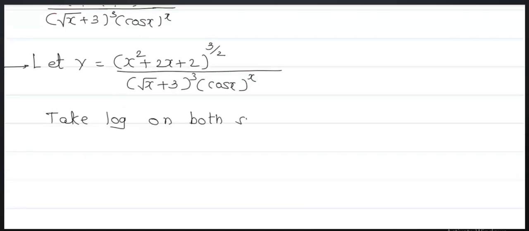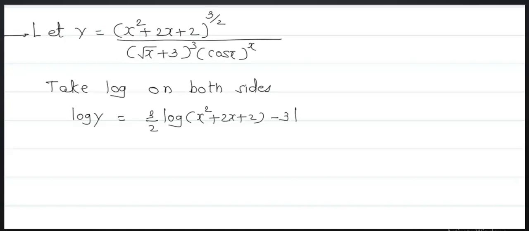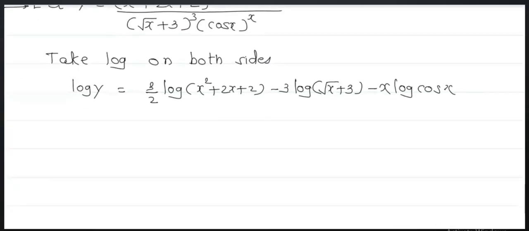Take log on both sides. That is log of y is equal to 3 by 2 log of x square plus 2x plus 2, minus 3 log of root x plus 3, plus x log of cos x. Here the power comes down, becoming x log of cos x.